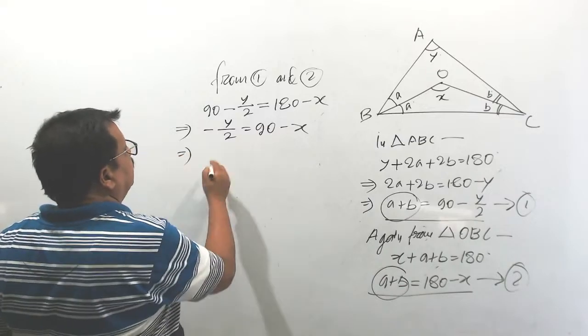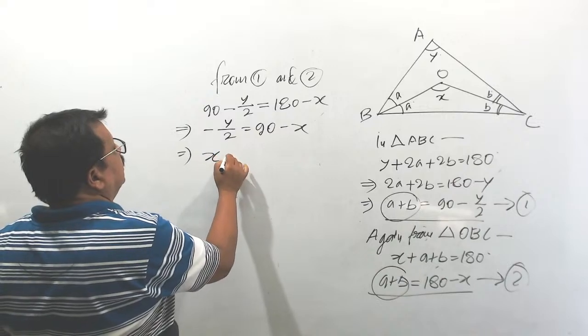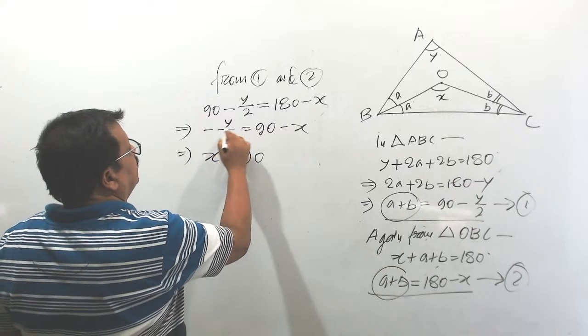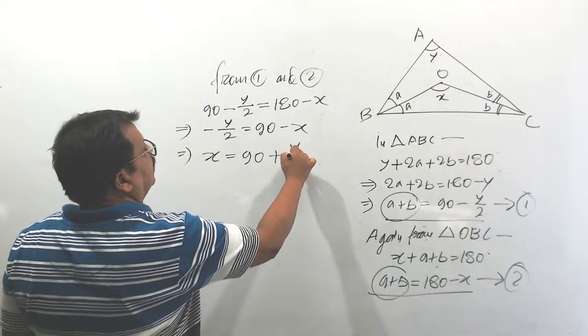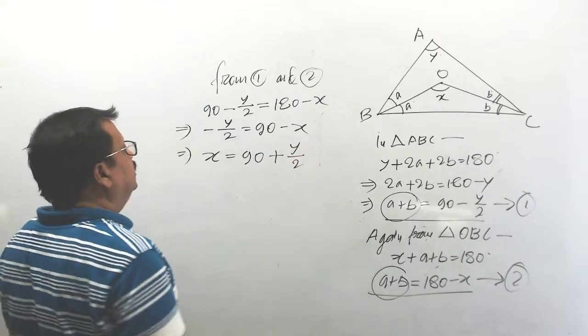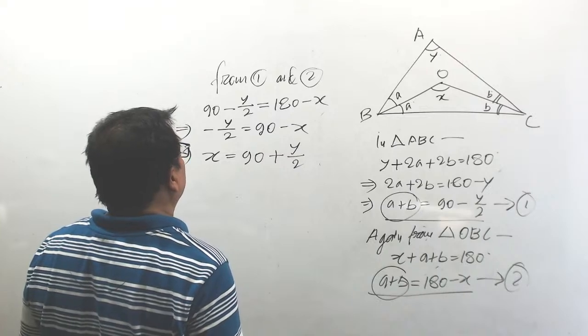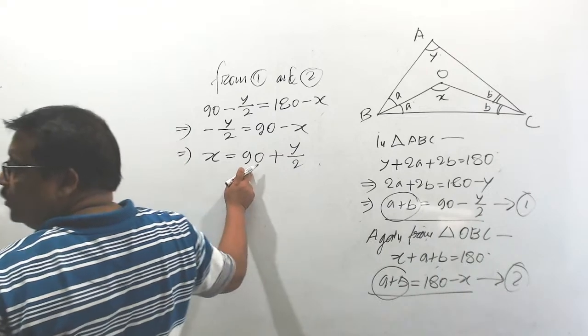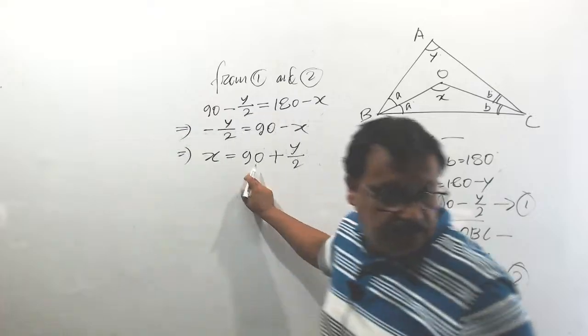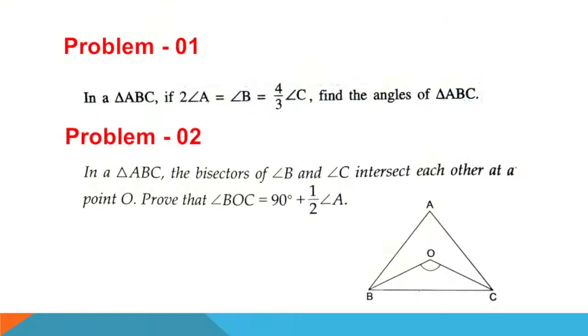Change the side. Bring x here and send y by 2 to the right side. What did you get? What was to be proved? I think it was BOC. BOC means x, 90 plus A by 2.